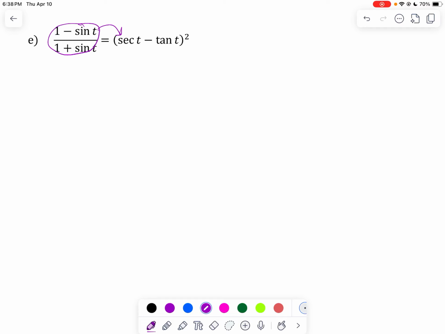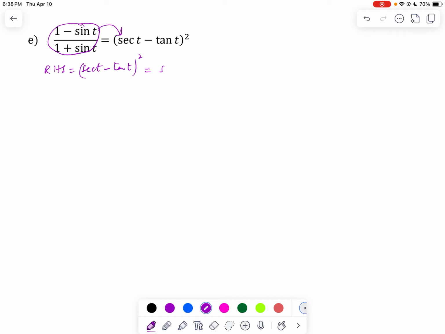So let's see, right hand side, secant of t minus tangent of t whole square. So I'll keep it in this form for now, and then later on change it into sine and cosine.